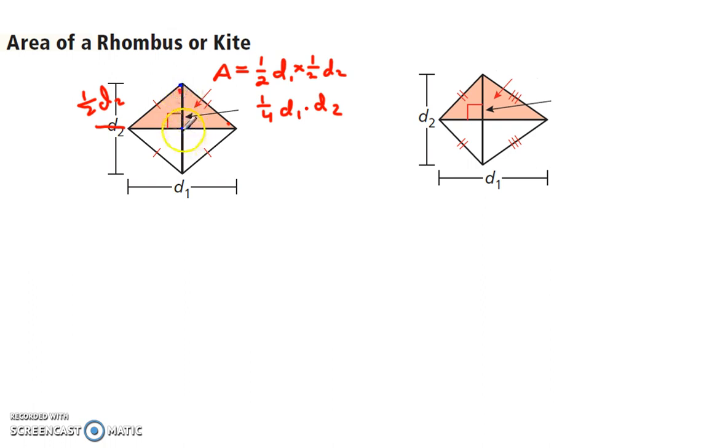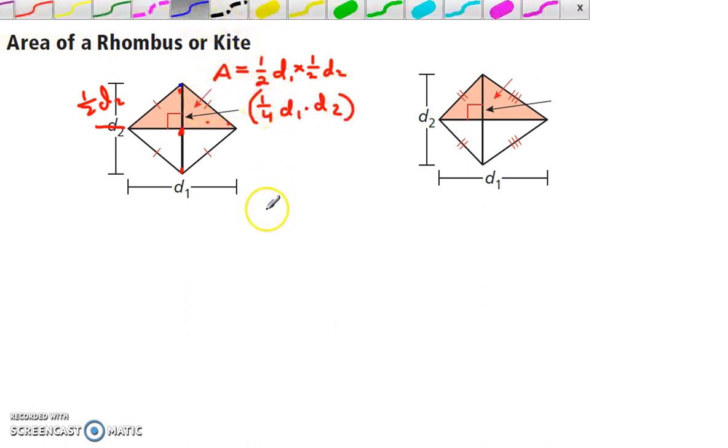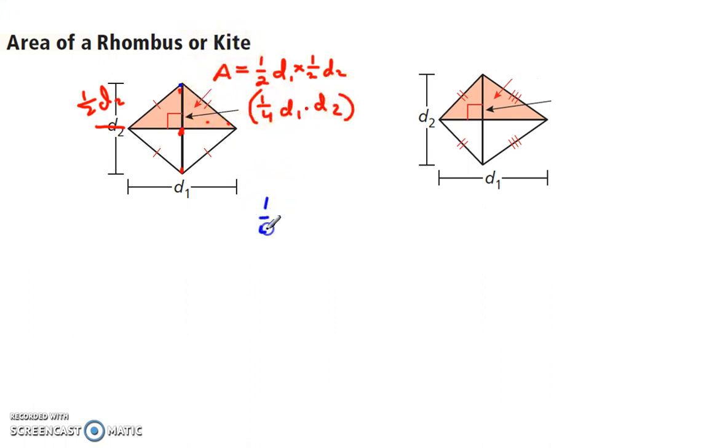Alright, since this is bisected and this part of it is equal, we have 2 times this triangle. So if we take this segment here, 1/4 D1 times D2, to get the entire rhombus, we'd have to take that one triangle times 2.